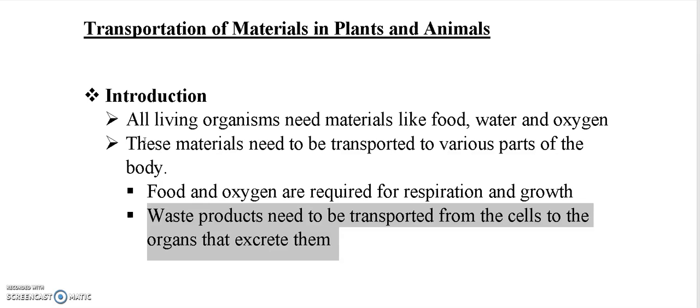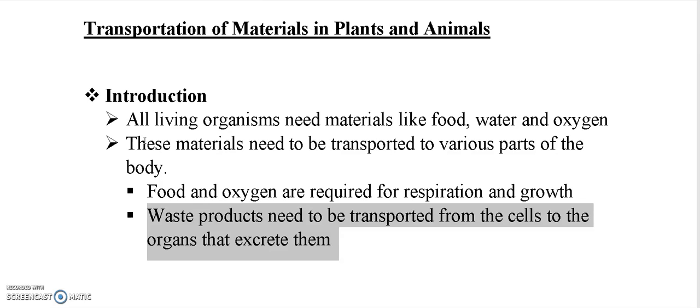So basically, both plants and animals have a system of transportation. If you have noticed, we are constantly talking about transportation. And what kind of transportation? Transportation of the materials which are required to stay alive.